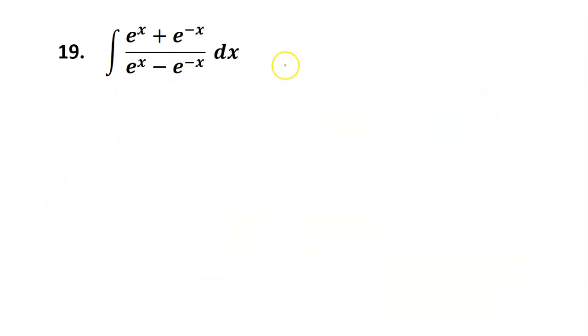This problem looks very strange to me. Let's jump in and let the entire denominator be u, and let's see what happens. So u equals e to the x minus e to the negative x. So that means u prime will equal, the derivative of e to the x is still e to the x. The derivative of e to the negative x would be e to the negative x.